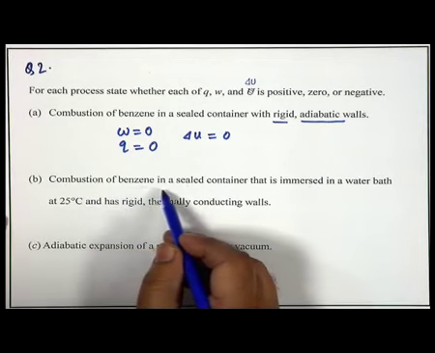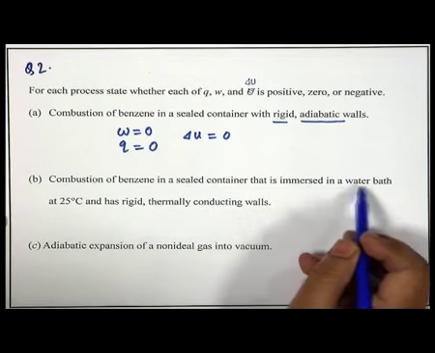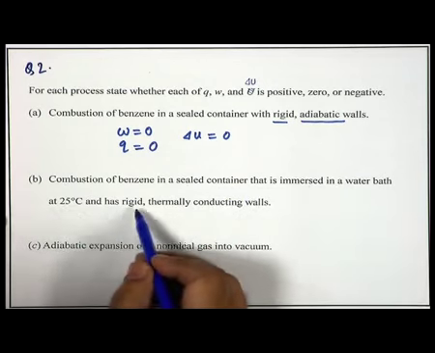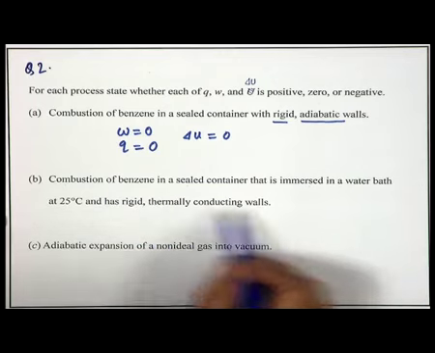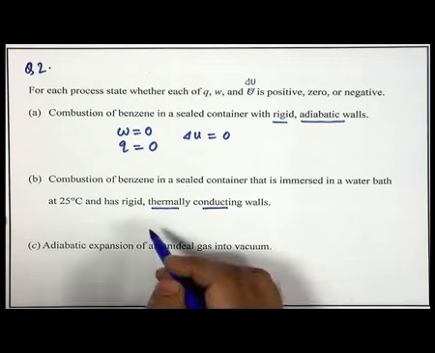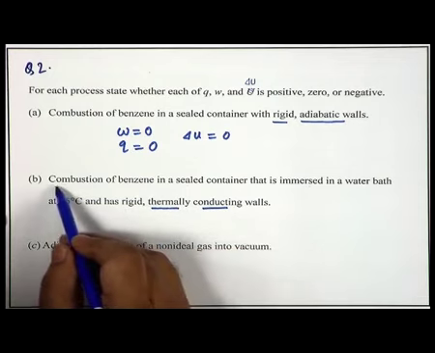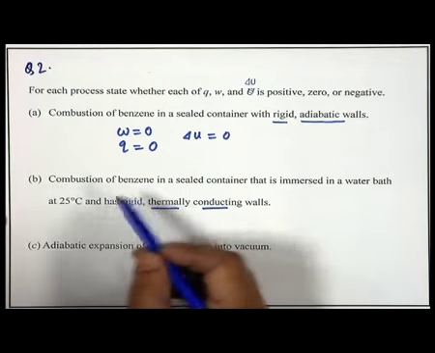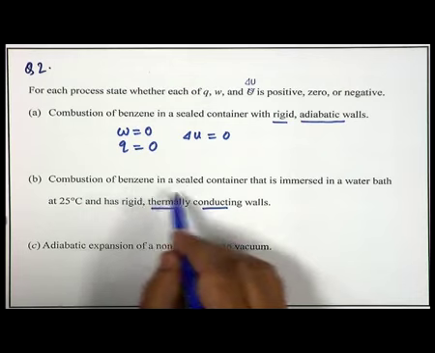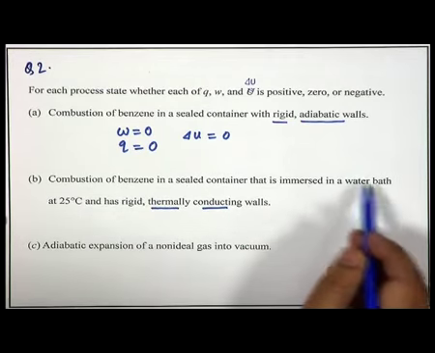Combustion of benzene in a sealed container that is immersed in a water bath at 25 degrees centigrade has a rigid thermally conducting wall. The thermally conducting wall allows energy exchange as heat, and because combustion of benzene is an exothermic reaction, heat gets generated which goes out of the system to the surroundings, which is the water bath.